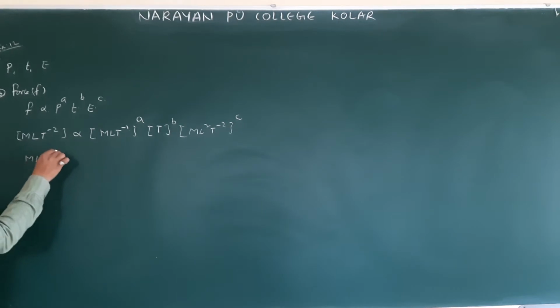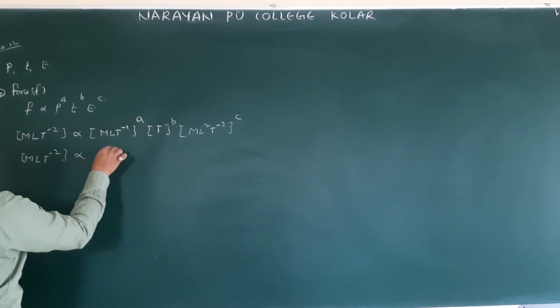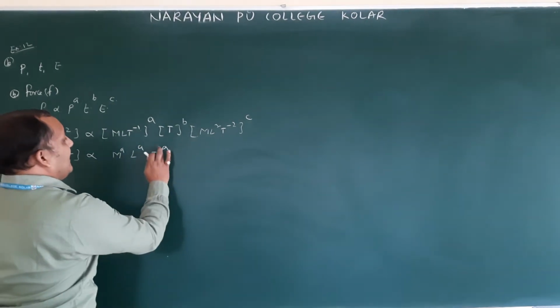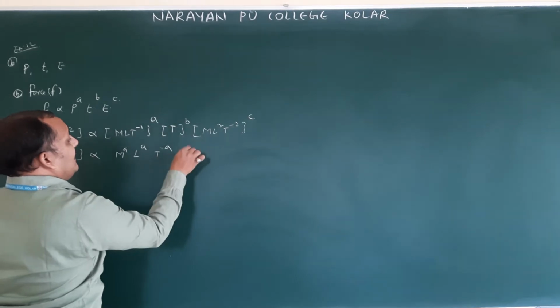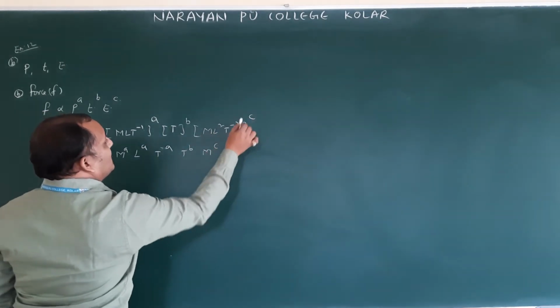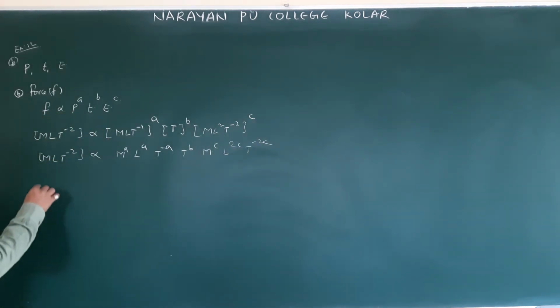So M L T power minus 2 is directly proportional to M power A, L power A, T power minus A, isn't it? T power B, M power C, L power 2C, T power minus 2C. See how many powers are there.